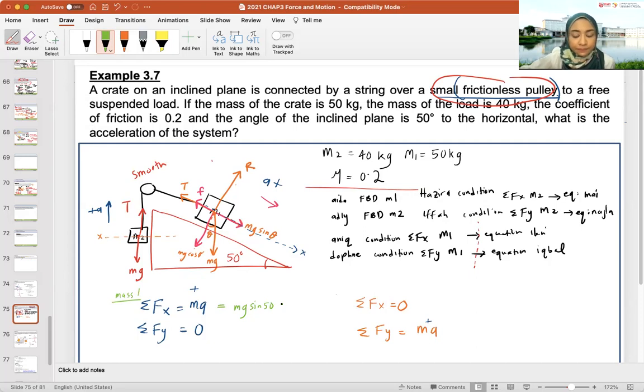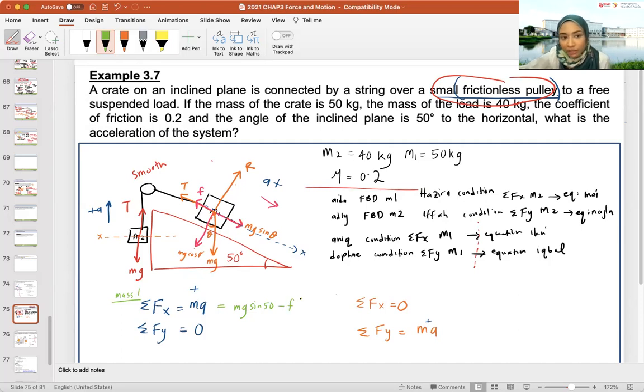Betul? Lagi? Plus f. Is it plus or minus? Kau tengok gambar ni. Mg sebelah kanan. So your friction is to the right. Friction ke kiri. Okay, minus f. So minus F.